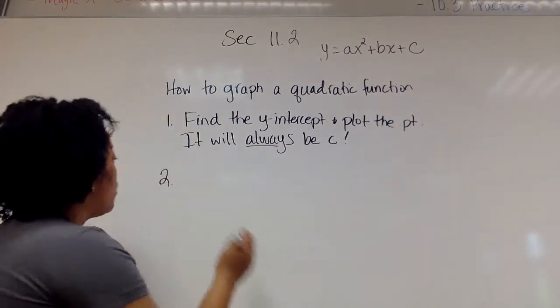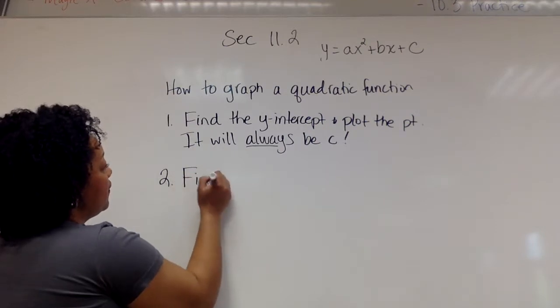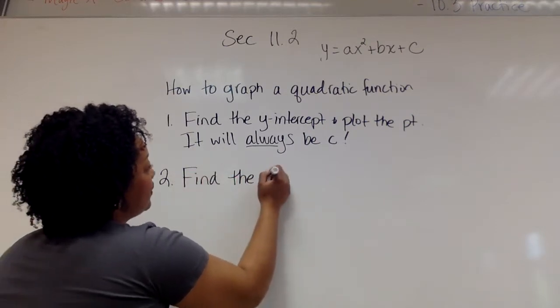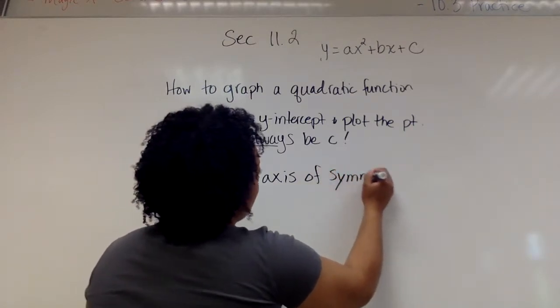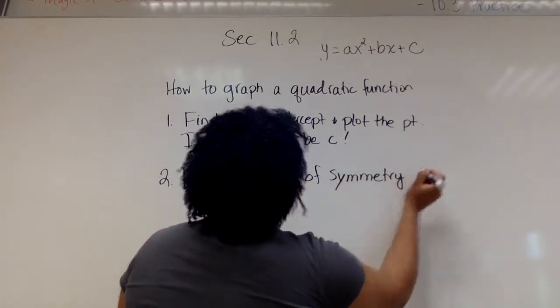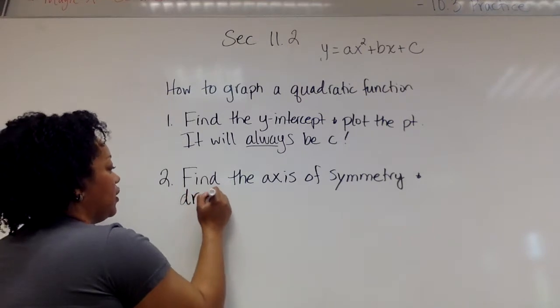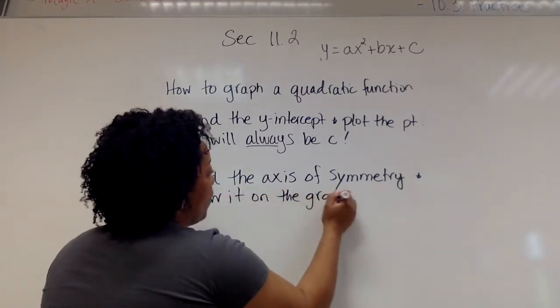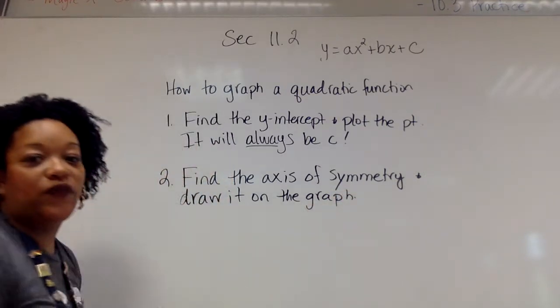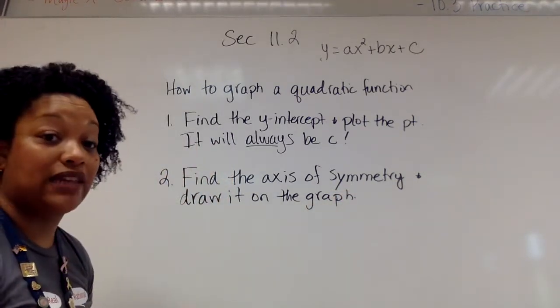You're going to find the axis of symmetry and draw it on the graph. We just wrote down how you find the axis of symmetry, but I'm going to write it down again.